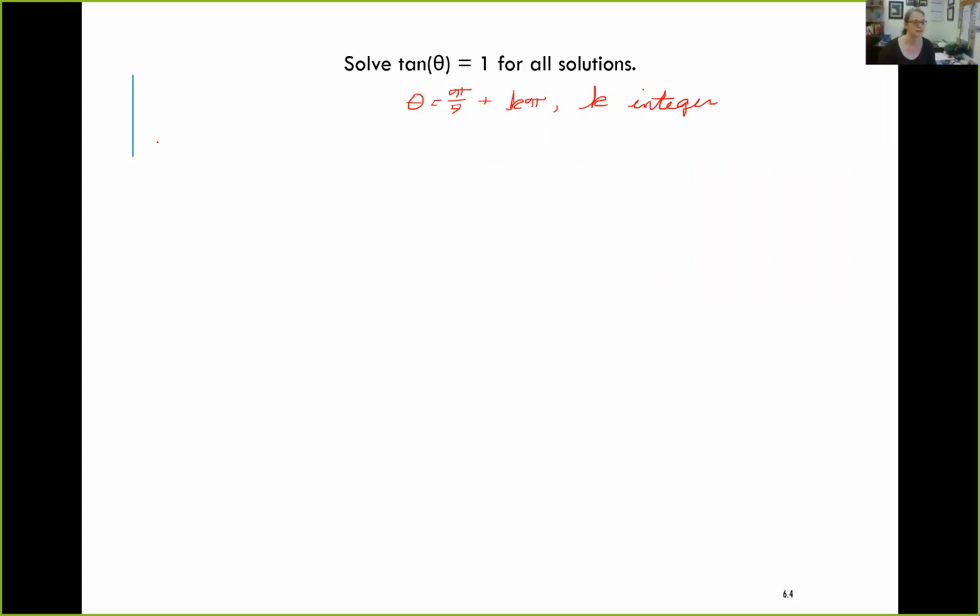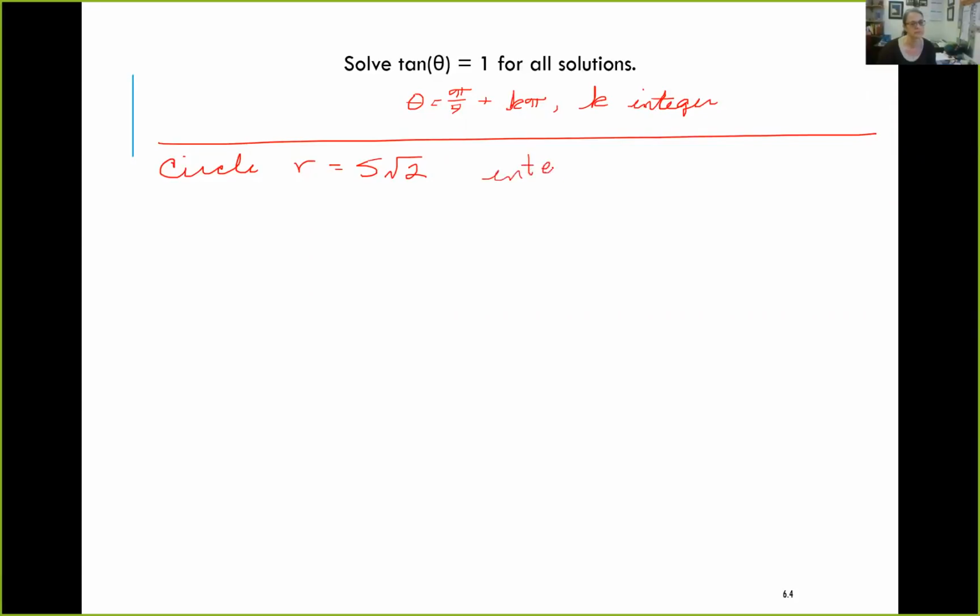Let's do another example, and I don't have this on a slide, so we're just going to write it out. We've got a circle with radius equal to 5 times the square root of 2 that intersects the line x equals -5 at 2 points.